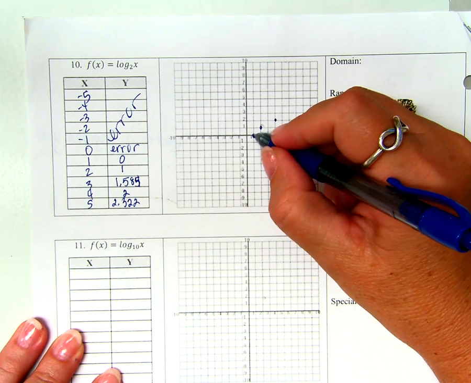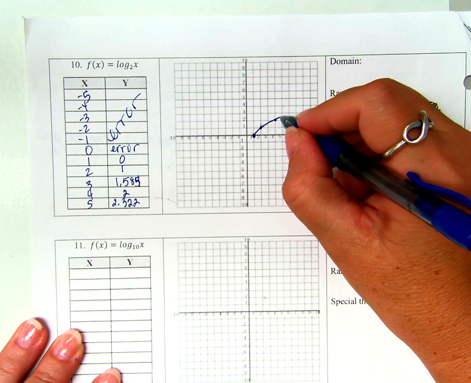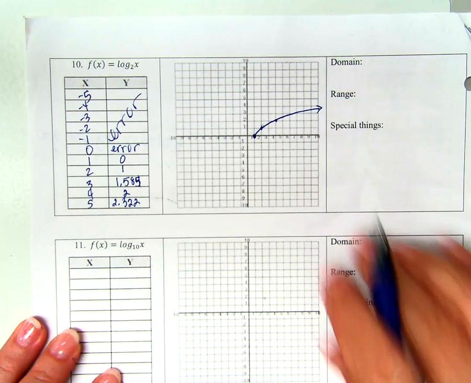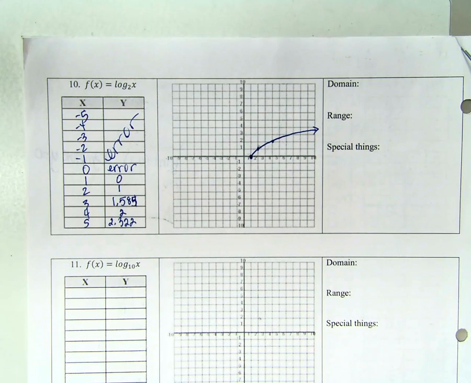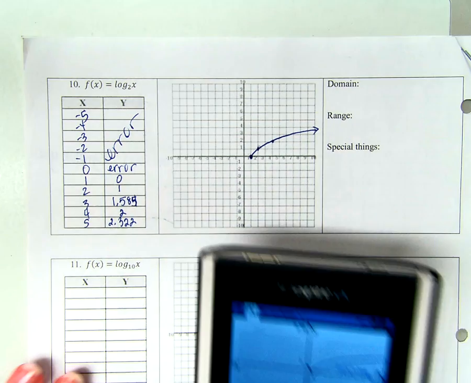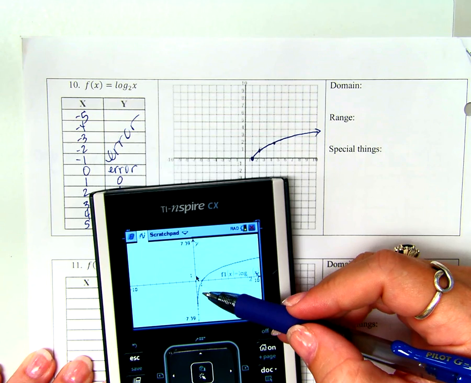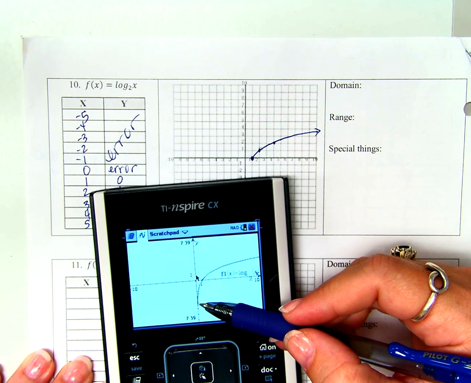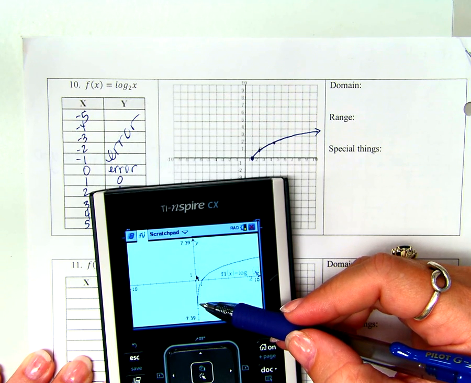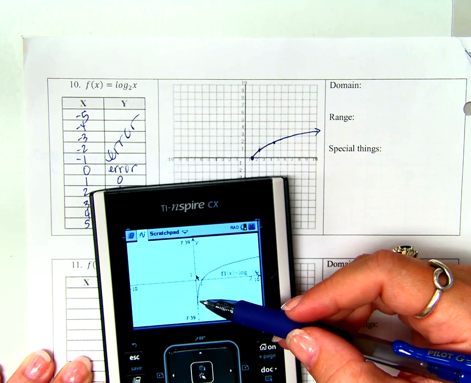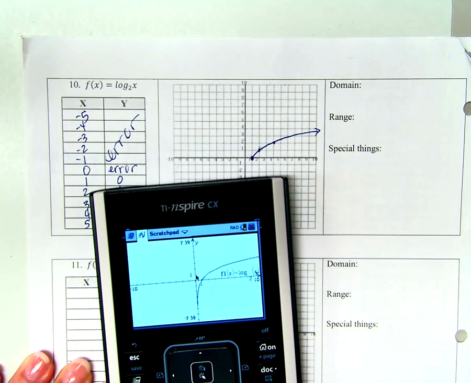So if we graph just this, it looks like this is what's happening, right? Something like that. Except when I showed you the graph, even on the calculator, that's not what's happening at all, is it? What happens right here? Does it stop right there? It doesn't stop right there, does it?